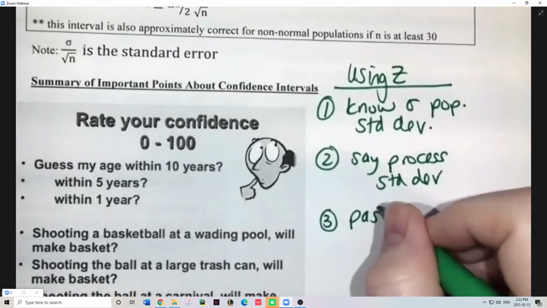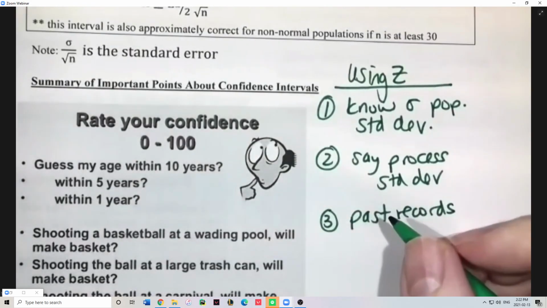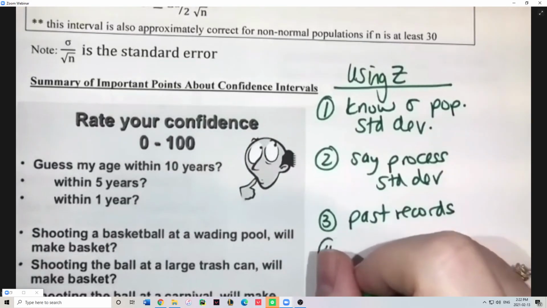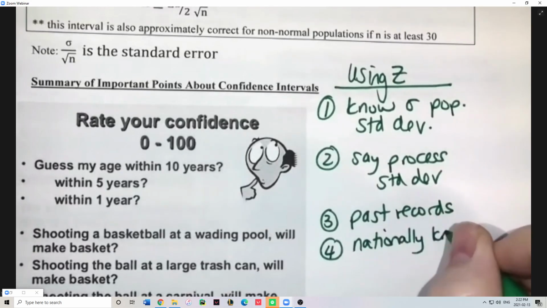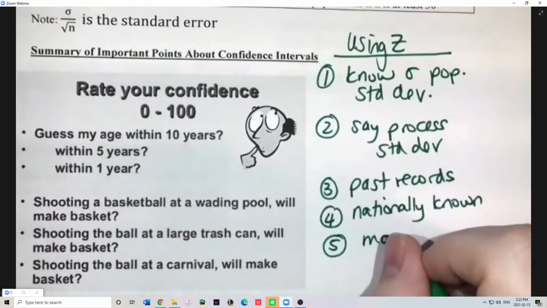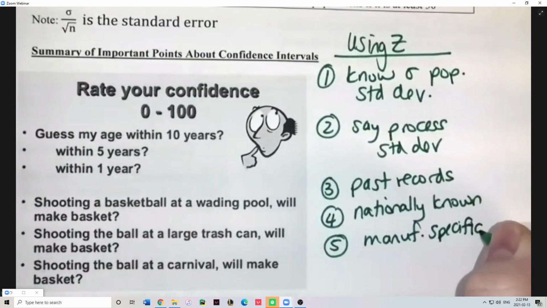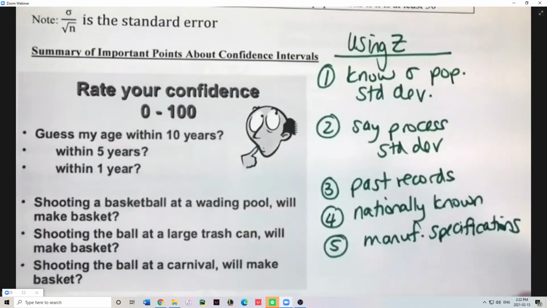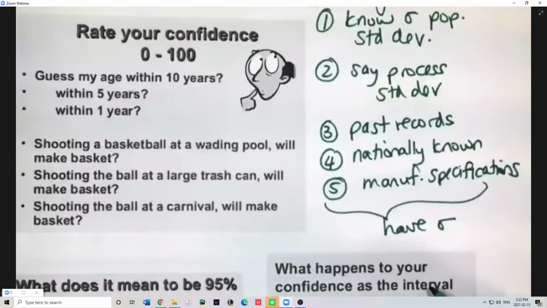They might say from past records, which also means you're using sigma. They might say nationally known. And the last one that I've seen is manufacturer specifications. These all mean you have sigma, and so you use Z.